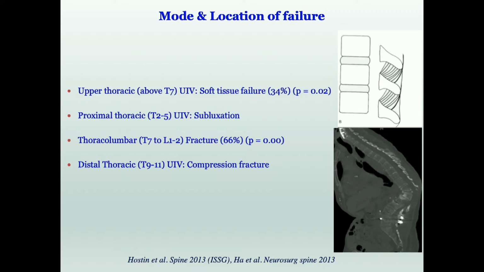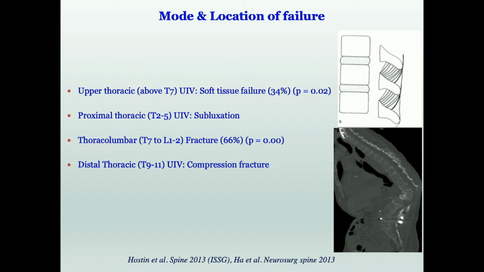For patients with adult deformity, most of the time the failure in the upper thoracic spine is due to disruption of the soft tissue. So we try to do a good job of maintaining that soft tissue over the upper instrumented levels when we do surgery. Soft tissue failure can lead to subluxation because you've disrupted either the posterior ligamentous complex or the facet capsule.